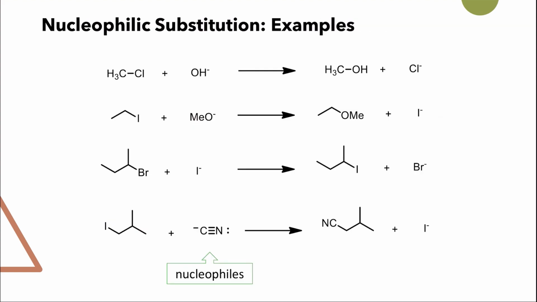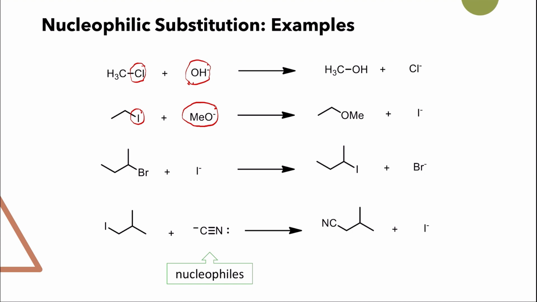You can have many different examples, and in your exam they could give you any nucleophile and a halogen alkane and ask you to draw the product. So you simply look at the nucleophile, the one which has a negative charge or a lone pair of electrons, and then you substitute the halide in the structure with this new nucleophile.